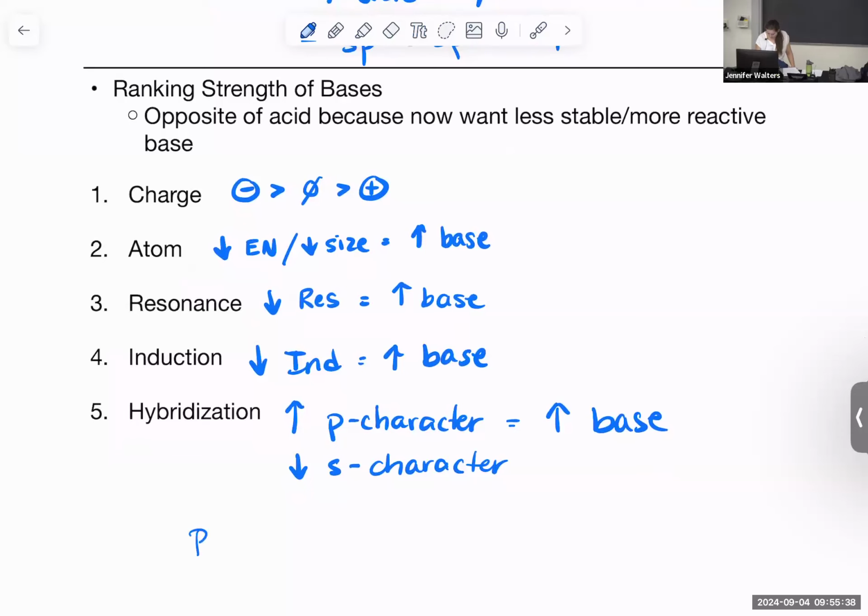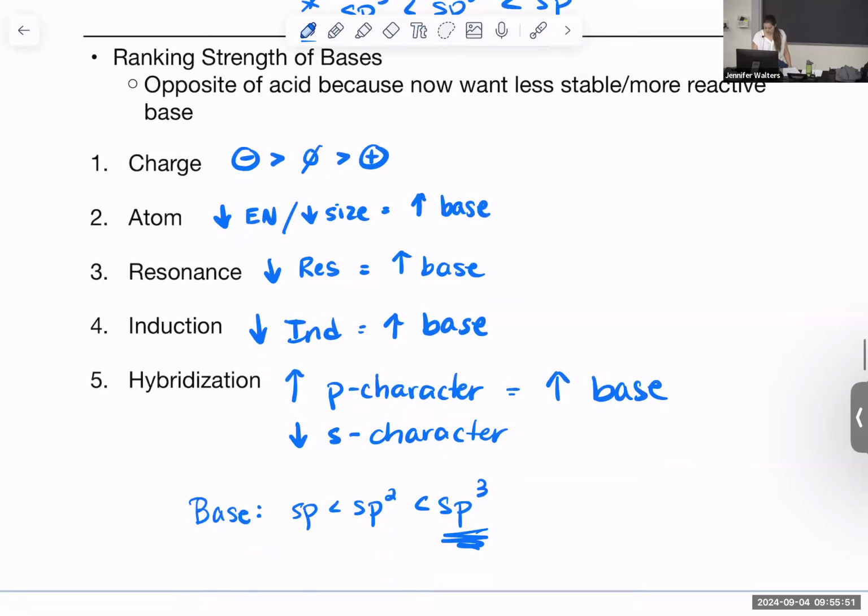So for the base, now it's sp is less than sp2, which is less than sp3. So we're going to see negatively charged sp3 hybridized atoms are going to be extremely strong bases.